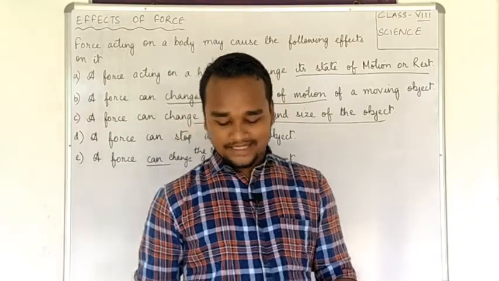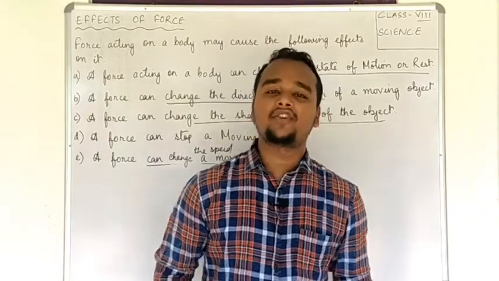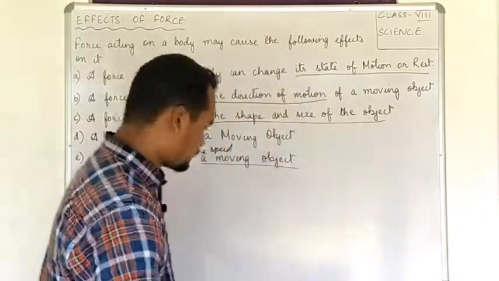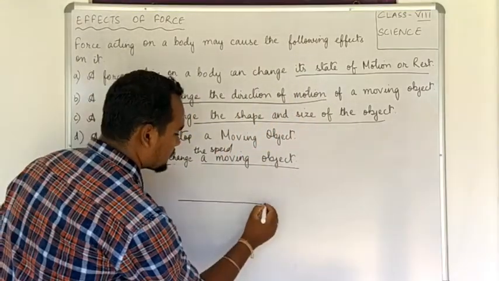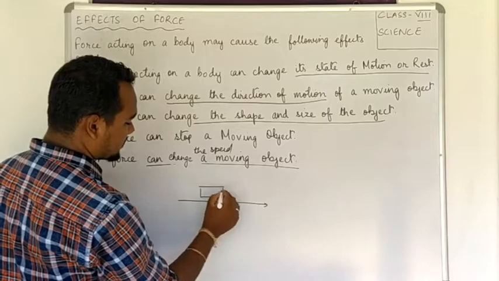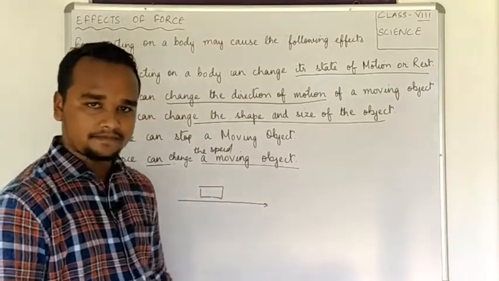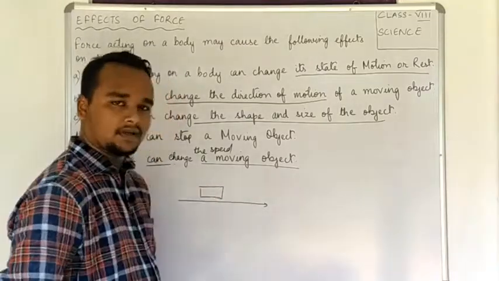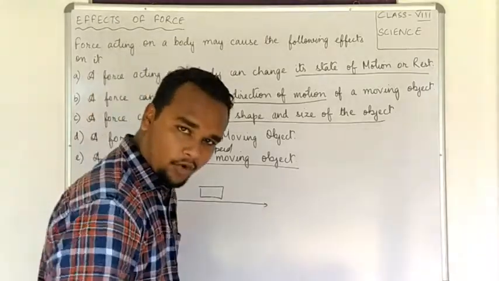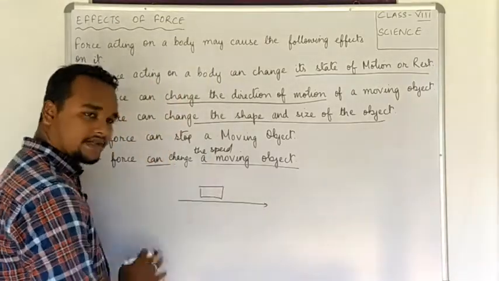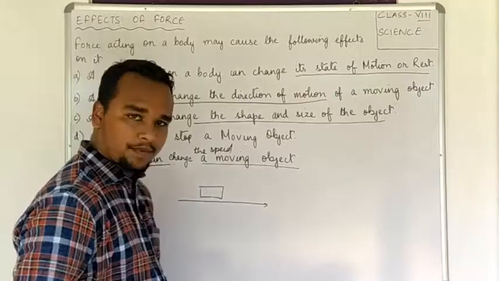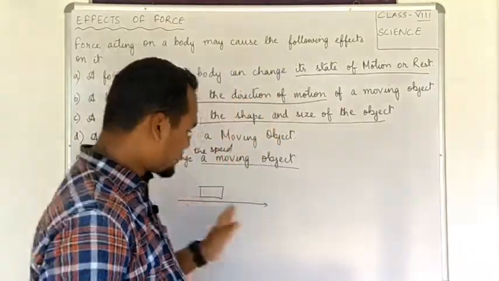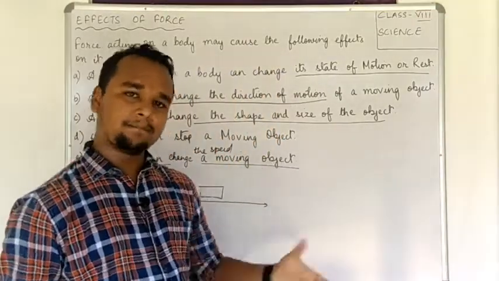The speed of a moving object is increased by pushing it in the direction of its motion. For example, in this direction, this box is being moved by only 2 people. Now you have taken the help of 5 more people. Previously it was being pushed by 2 people, so the rate at which it would be moving would be less as compared to the second case.